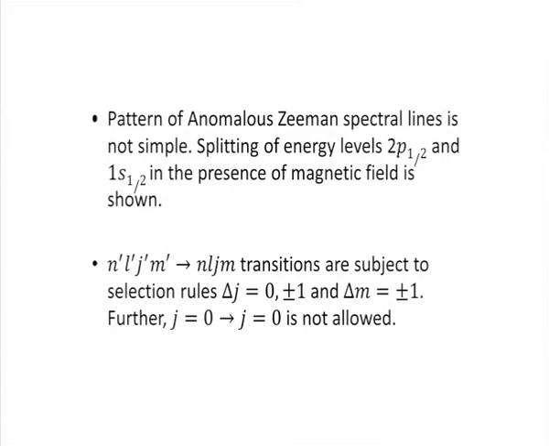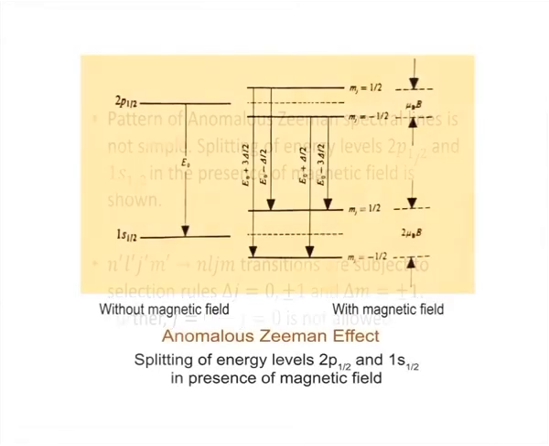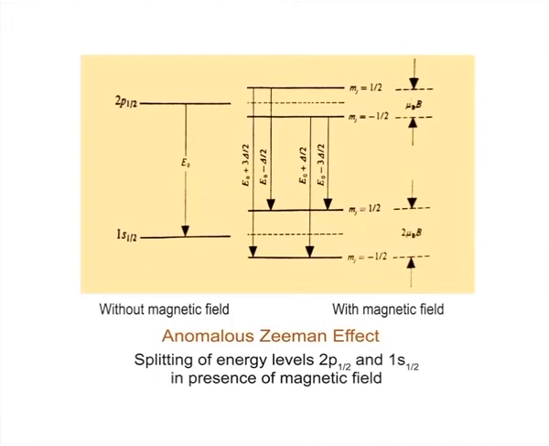The splitting of energy levels 2p 1/2 and 1s 1/2 in the presence of a magnetic field is shown. Now, again we have the selection rules coming into play. n', L', J', M' to n, L, J, M transitions are subject to selection rules: delta J is equal to 0, plus minus 1, and delta M is equal to plus minus 1. Further, a J equal to 0 to J equal to 0 transition is not allowed. Under these selection rules, we have the splitting and various transitions.